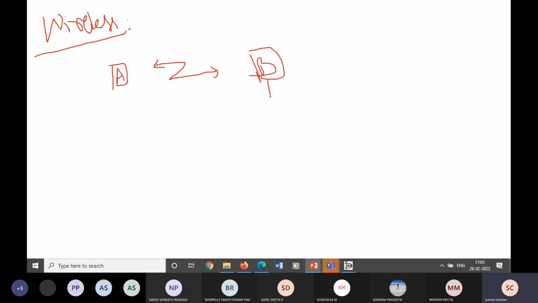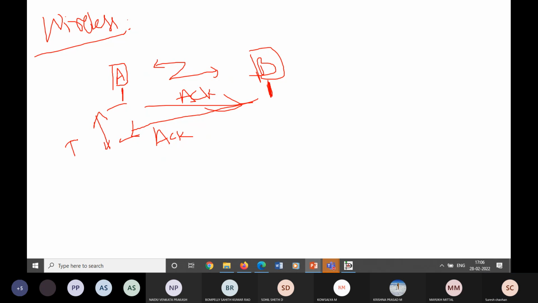We can detect at station A or station B, how? Just by using the acknowledgement. Other than this, we cannot. According to the acknowledgement or the timeout, only using these two, we can get to know that there is a problem in the link on the wireless medium.